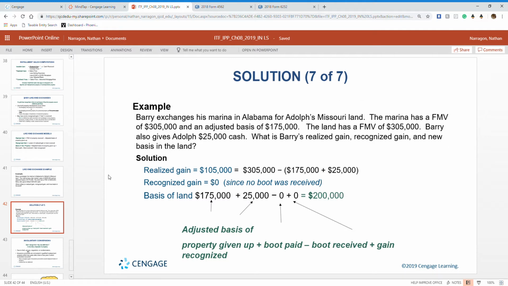It's a little bit funky, but basically property adjusted basis, property given up, it's 305. So it's 305 minus 305 plus 25. His realized gain is 25. Recognized gain is 25 because, again, the cash.